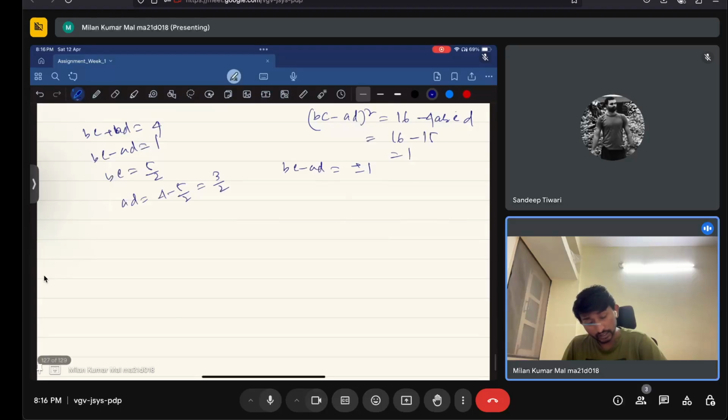If I take BC plus AD equals 4 and BC minus AD equals minus 1, then BC will be 3 by 2 and AD will be 5 by 2. So they are symmetric, something like that.